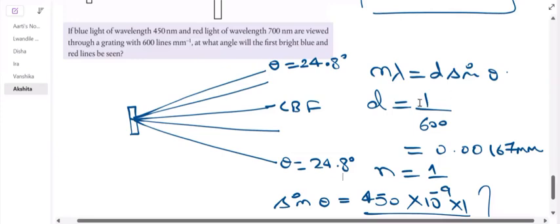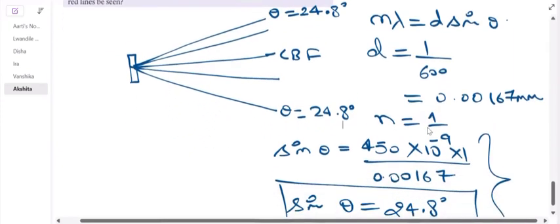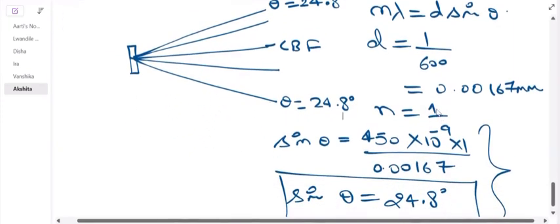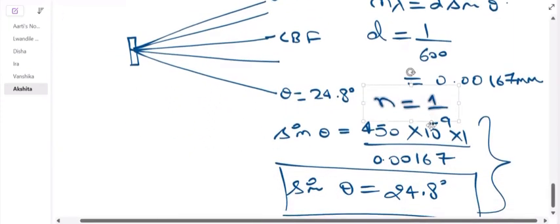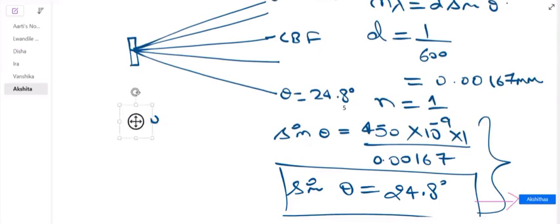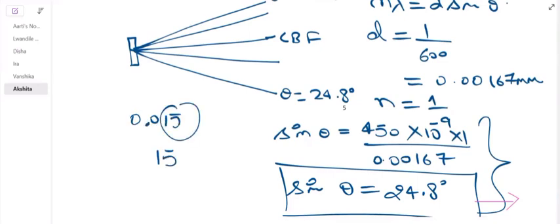I entered the same thing here, ma'am. But when I took the sine inverse, I got 0.015. So it's correct. If it is coming 0.015, your answer is actually 15 degrees, no? 15.6 degrees somewhere.